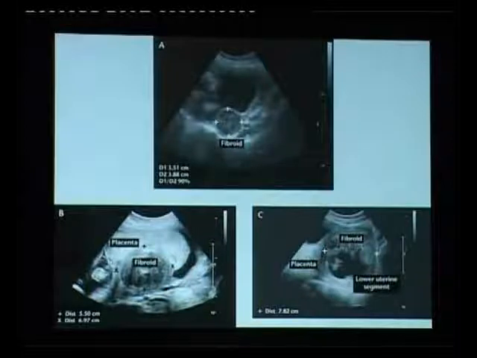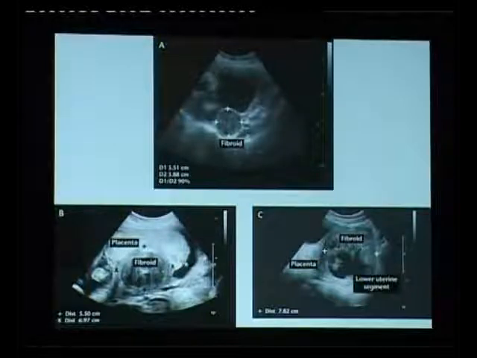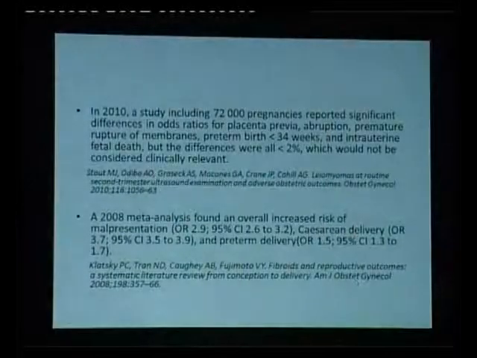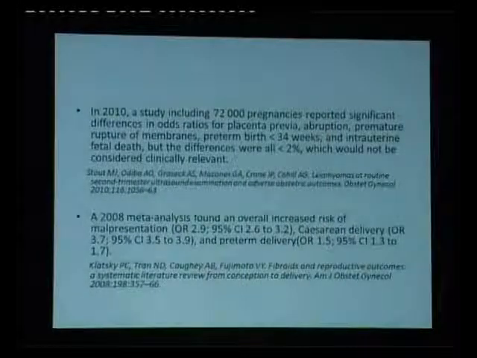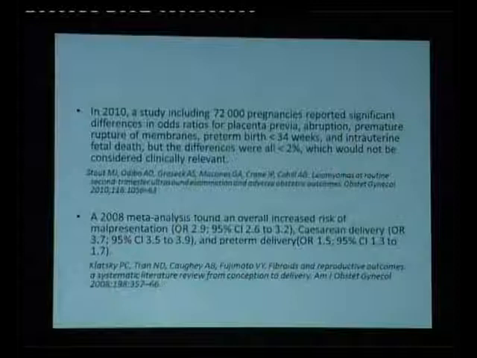The smaller ones which you can see like here normally don't have much effect, but the bigger ones which you can see here, where the placenta is all over the fibroid surface, and again that's a huge fibroid in the lower segment, will affect pregnancy in many other ways. We could have an increased incidence of placenta previa, placental abruption, premature rupture of membranes and preterm birth, and even intrauterine death.